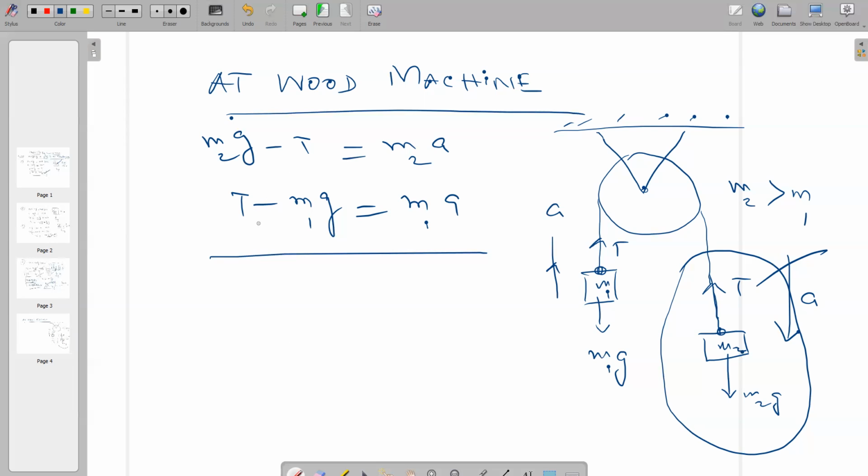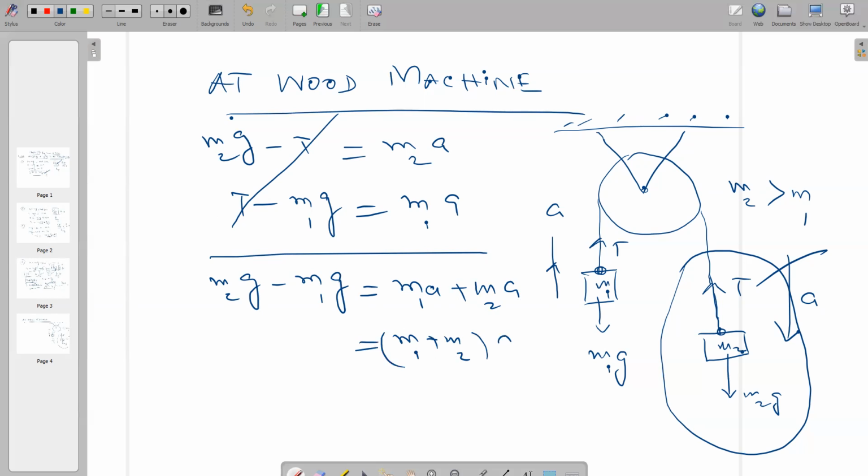So if we add these two equations, this is negative tension, this is positive tension, this will cancel. And M2g minus M1g is equal to, I am adding this one, M1a plus M2a. So if you solve this one by simplifying, M1 plus M2 into a, and this is g into M2 minus M1, so you can divide it by M1 plus M2, and here M1 plus M2, this will cancel.